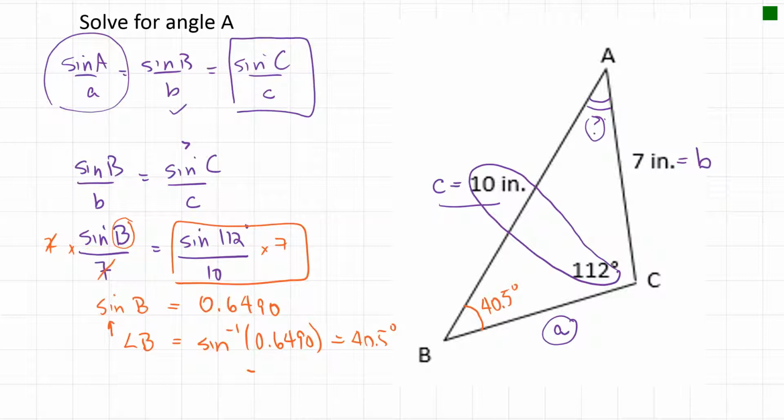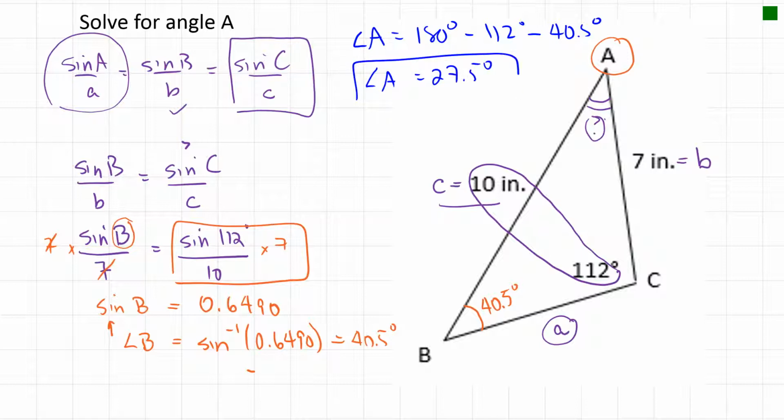The question though was, what is angle A? Well, there's 180 degrees in a triangle, so angle A is 180 degrees minus the 112 for angle C minus the 40.5 degrees. So angle A is 27.5 degrees.